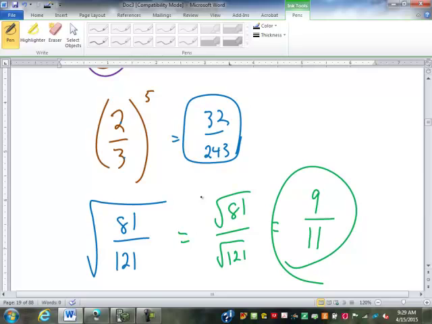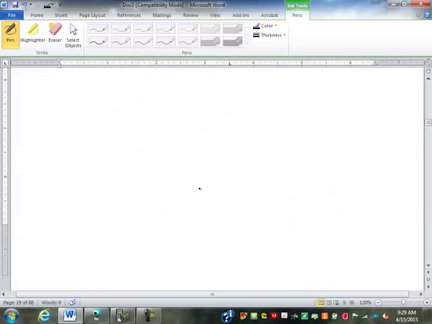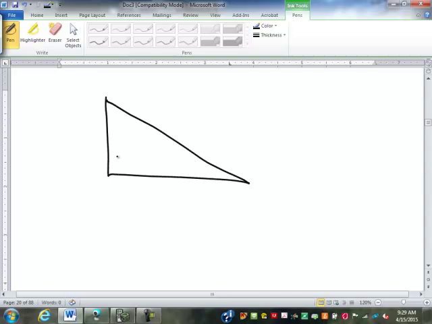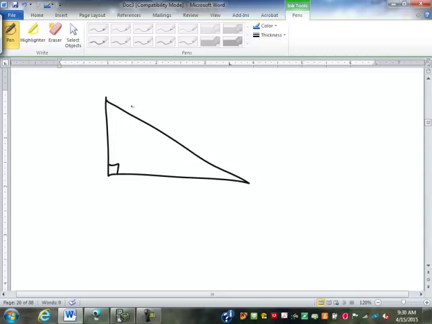So how does this tie into the geometry stuff we were looking at earlier? Well, back to triangles. Now this is a special triangle. It has a right angle in it, called a right triangle. In a right triangle, of course all triangles have 3 sides, but in a right triangle there's one side that's always the longest, and it's the one that's always across from the right angle.